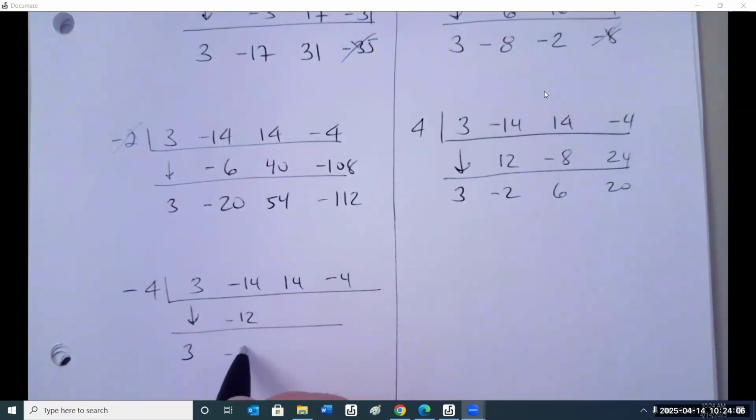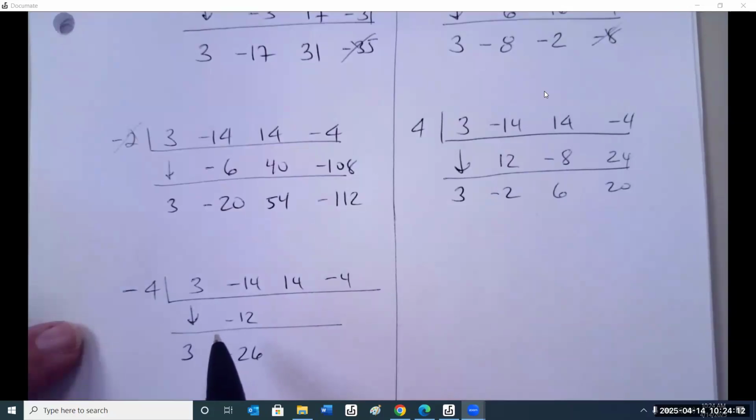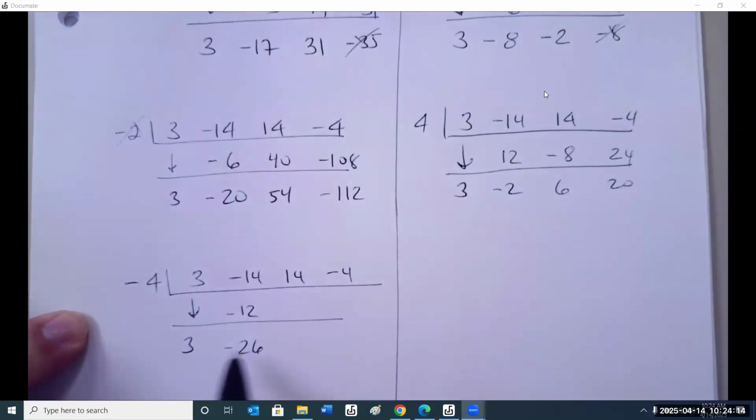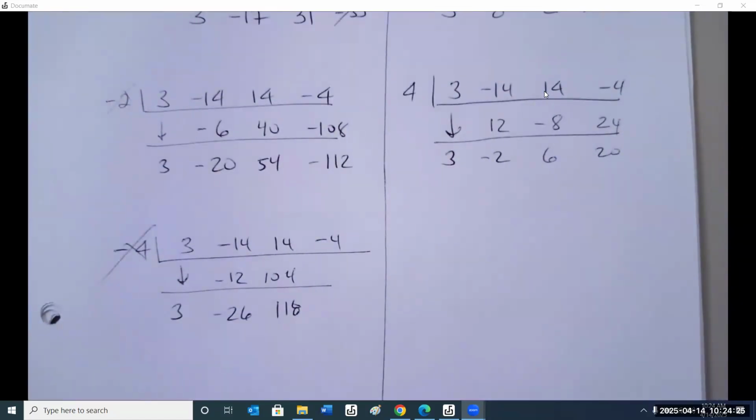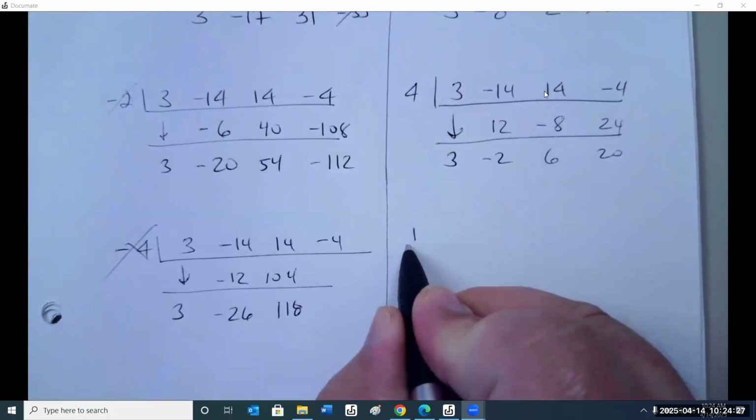Negative 12. Oh, that's not going to work because it keeps getting bigger. So we see that negative 4 is not going to work because that's going to be a positive, so it'll be 118, and that's going to be negative. So that one's not going to work. So then we try 1/3.